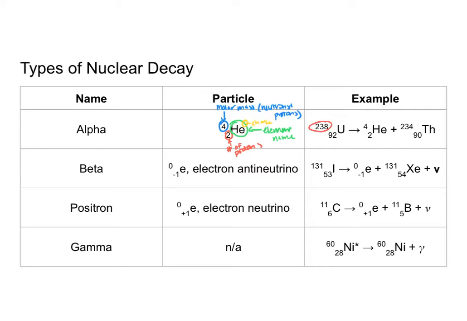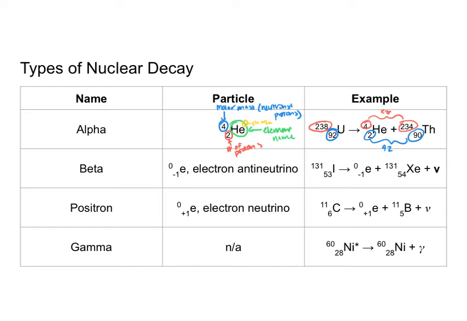We started with 238, and we ended with 4 plus 234, or 238 protons and neutrons. We can also see that the total number of protons is the same. We started with 92, and we ended up with 92 as well, just split between 2 separate nuclei. And that's a key part of these nuclear decay equations. The subscripts all need to add up to being the same on each side of the arrow, and the superscripts need to as well.